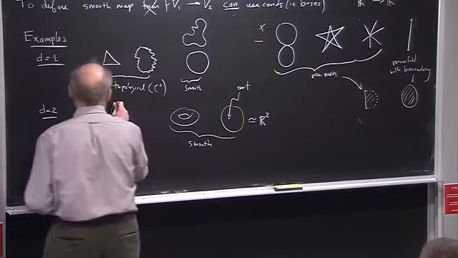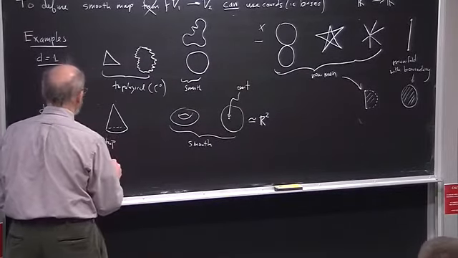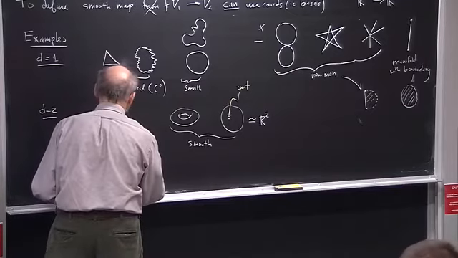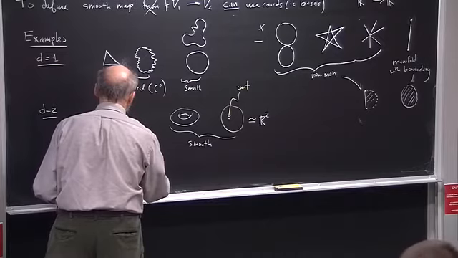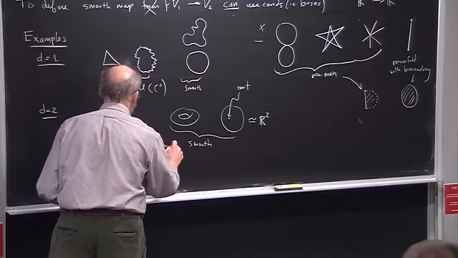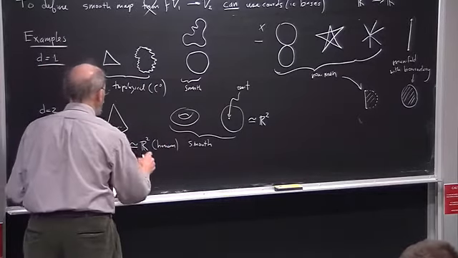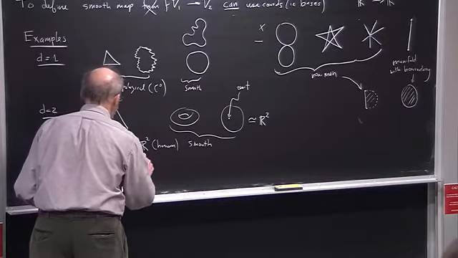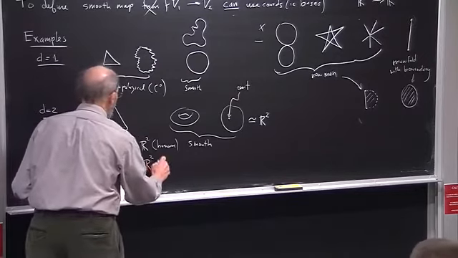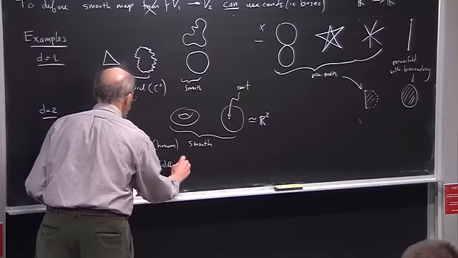This cone is an interesting case because as a continuous manifold, it's homeomorphic to R2. But if we think of it as a differentiable manifold, it's not isomorphic to R2 in the relevant sense, that is, it's not diffeomorphic to R2.